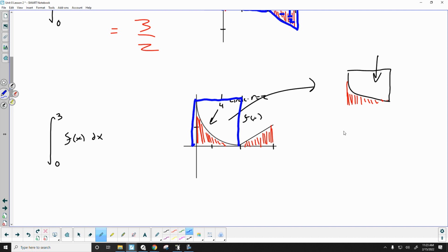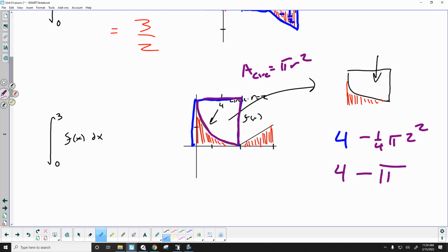So the square is 4. The quarter circle is 1/4 pi r squared. Remember, an area of a circle is pi r squared. That ends up being just pi. So the area in red is 4 minus pi.